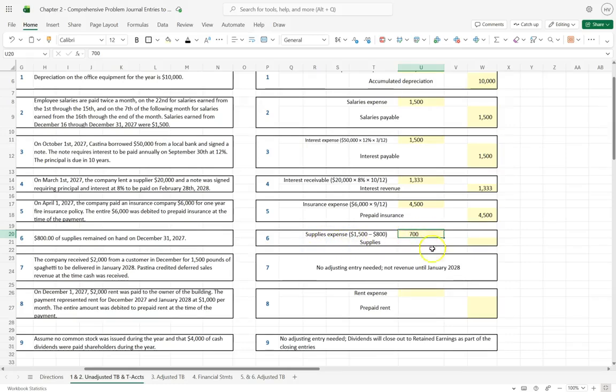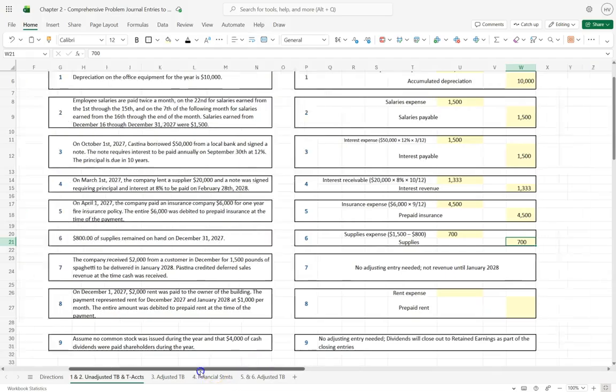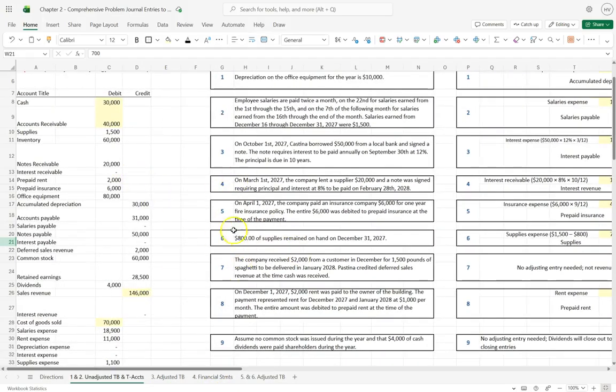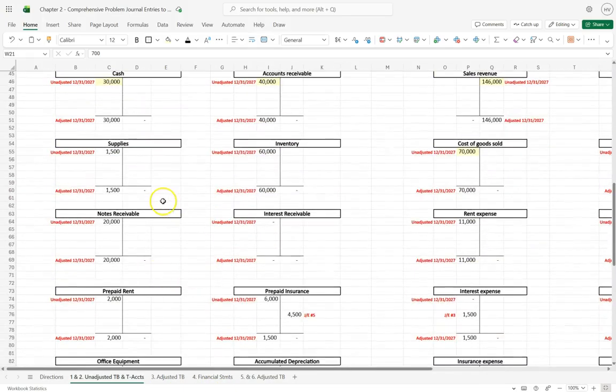So we're going to debit supplies expense $700, and we're going to credit supplies. We're going to reduce this balance sheet account by $700. So then when we go to our supplies T account, we should see a balance of $800, which is what item number 6 is telling us.